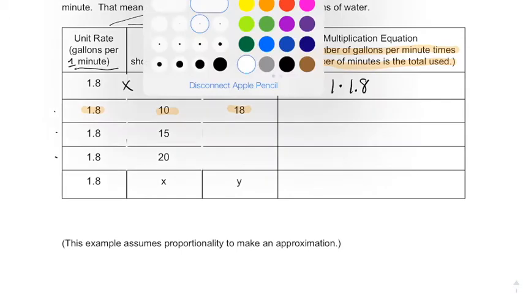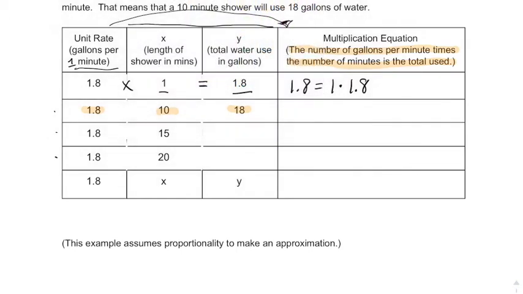Okay, so we can write down that our unit rate, the amount per minute, times the number of minutes is the total used. Amount per minute is 1 and 8/10. Multiply that by 10, we get 18.